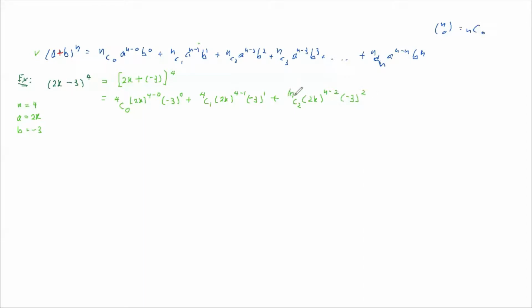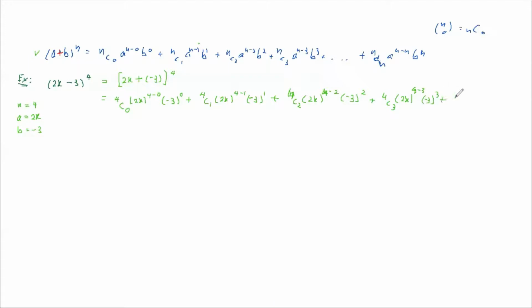Oh, this n is 4, okay? Plus 4C3, 2x, power 4 minus 3, and then negative 3, power 3.